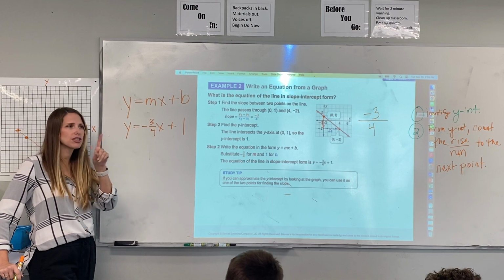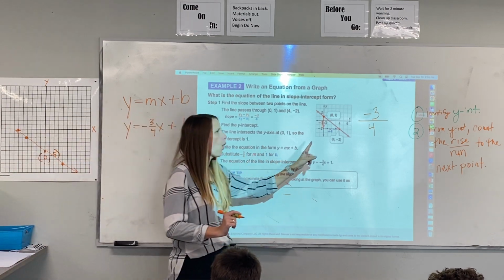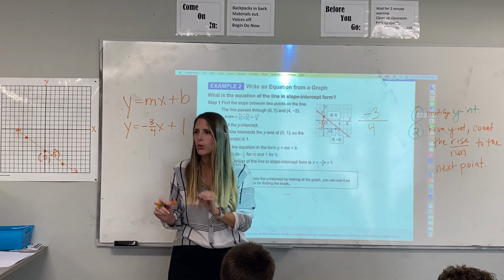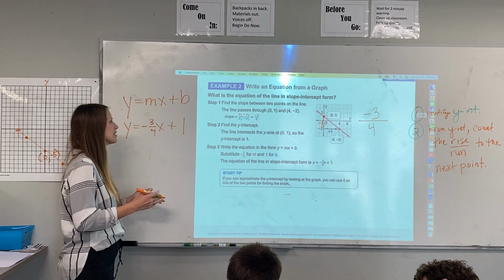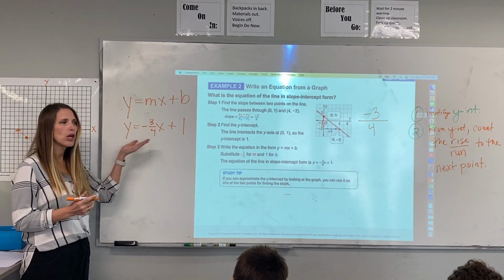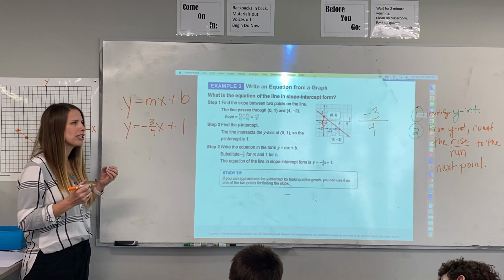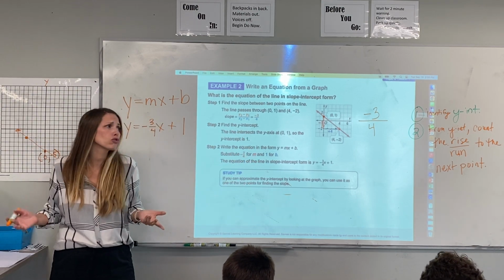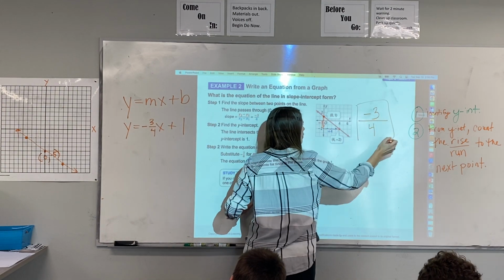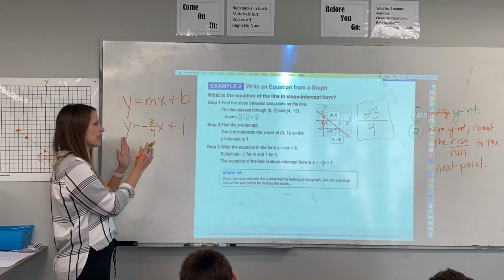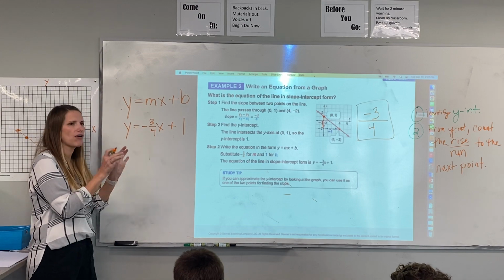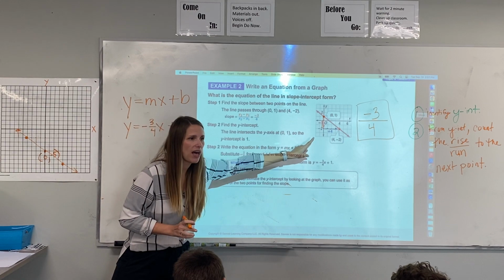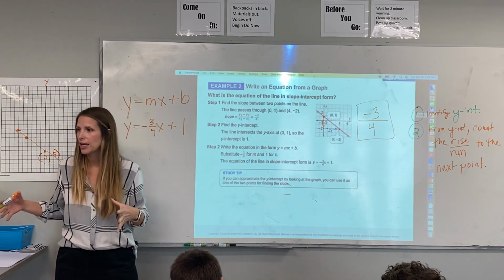Exactly, so Grayson, pay attention to this. If only one of them is negative, that means the whole thing is negative. So this is the standard way we would write a negative slope. Even though it's correct to assign the negative to only one of the numbers, when we write slope-intercept form, we put the negative on the outside of the fraction to show that if one of the values is negative, the whole thing is negative.